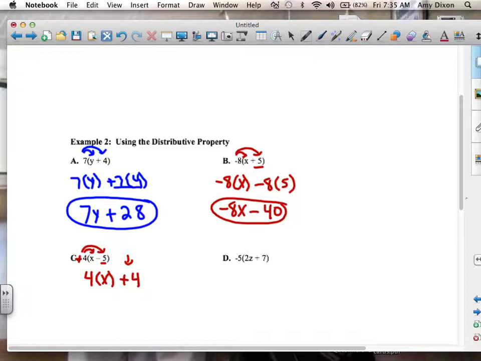So we're going to put a plus 4 because we need to have some type of sign here, okay? And then we're going to multiply that by a negative 5. Think of this right here as more like a negative 5 as opposed to a minus sign. It serves both cases. So then we have 4x, and then we have a positive 4 times a negative 5, that gives us negative 20.